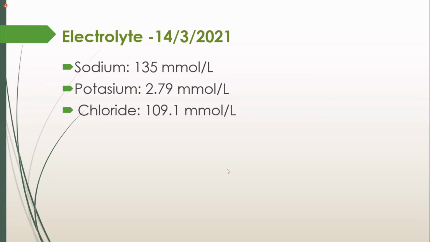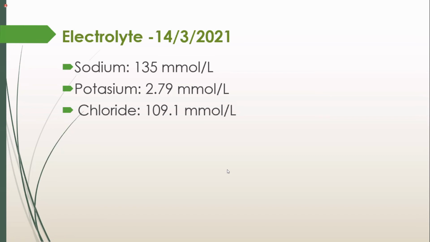So if she came in, let's say on the 11th with potassium of 4, which is normal, she's already low. Now you give her IV fluids and she's going to urinate more potassium as you increase her kidney flow. Then you give insulin, and the insulin goes into the cell along with the potassium.